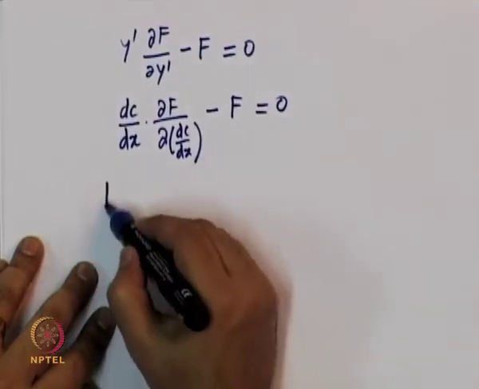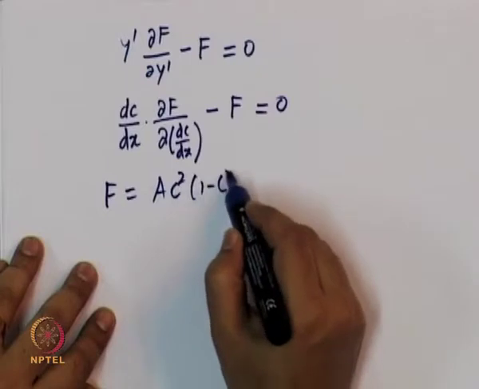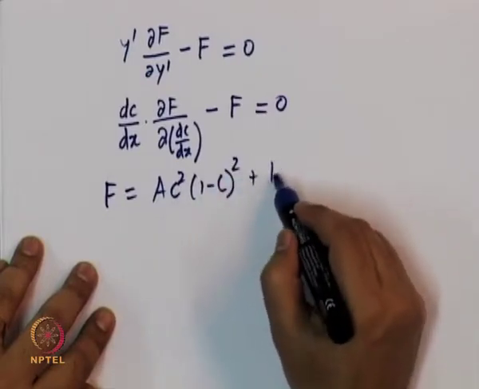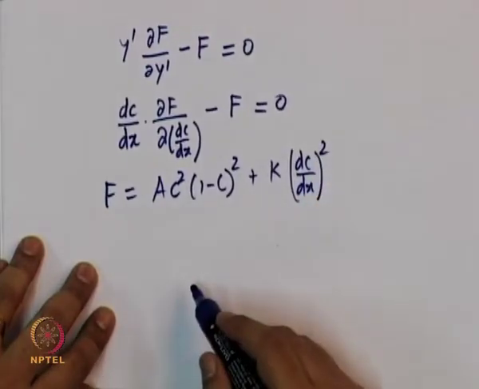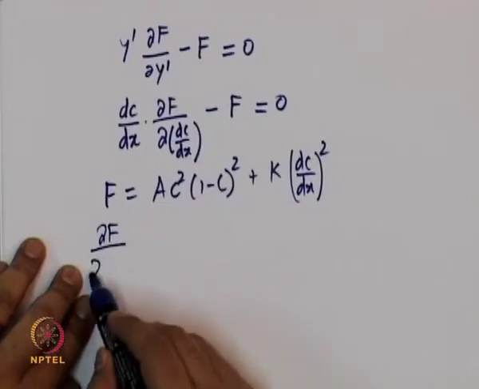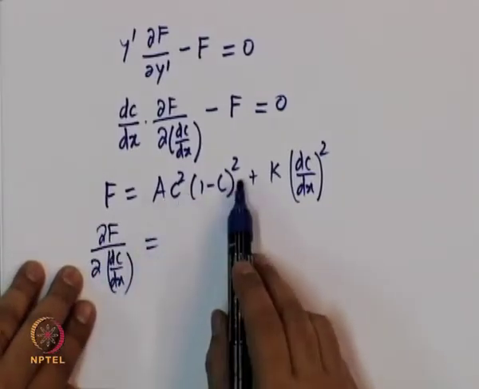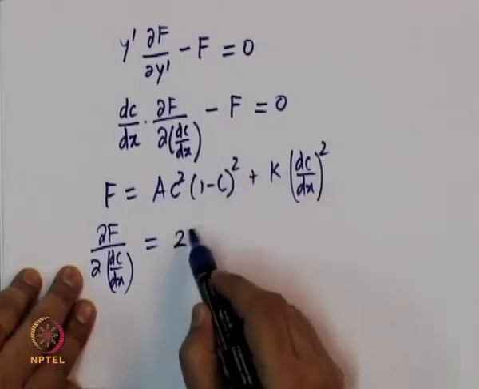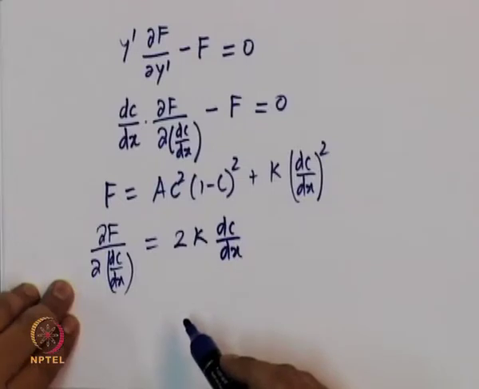We have assumed f to be a c squared (1 minus c) whole squared plus kappa (dc/dx) whole squared. So, ∂f/∂(dc/dx) becomes 2 kappa dc/dx.